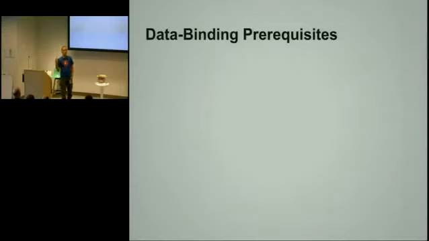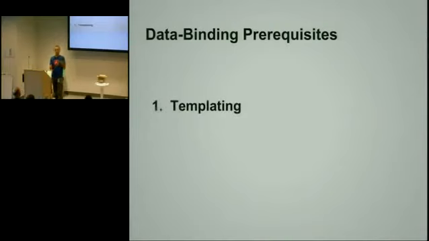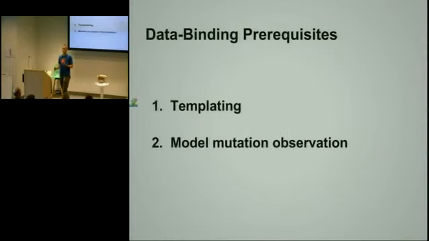So in order to do data binding, there are some things that you need, and this is generally applicable to any kind of technology. First one is templating. So you need to be able to have some kind of templating engine through which you can declaratively specify where the data bindings are. And you need a model mutation observation.